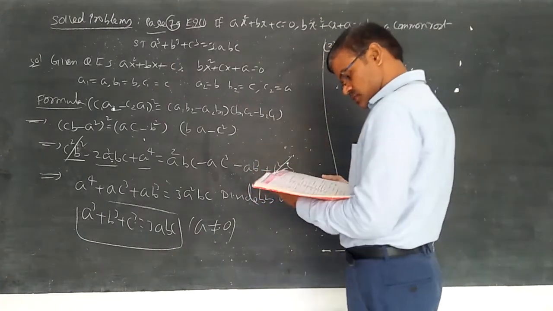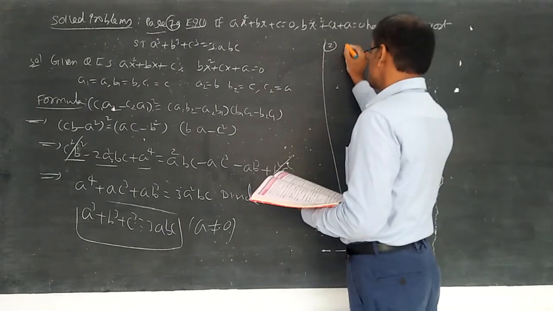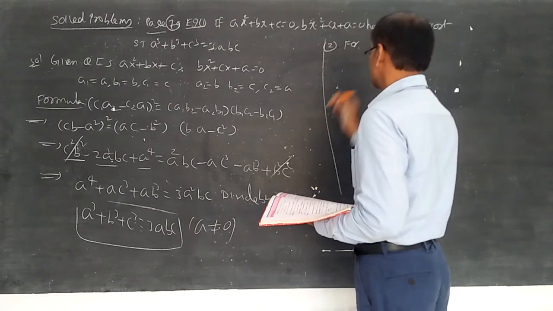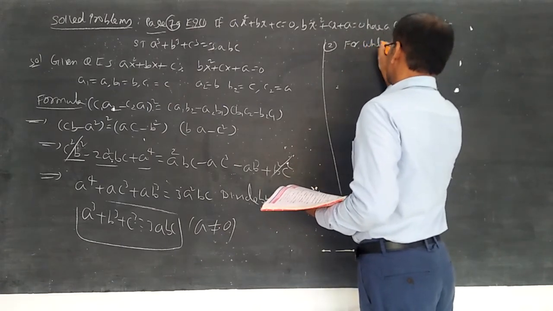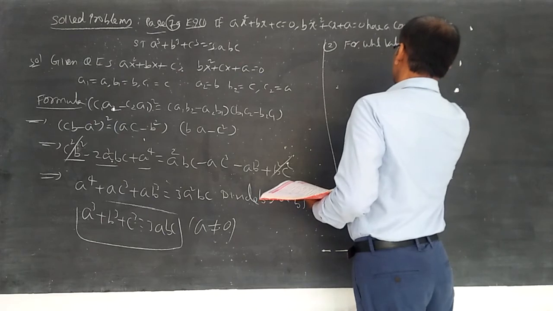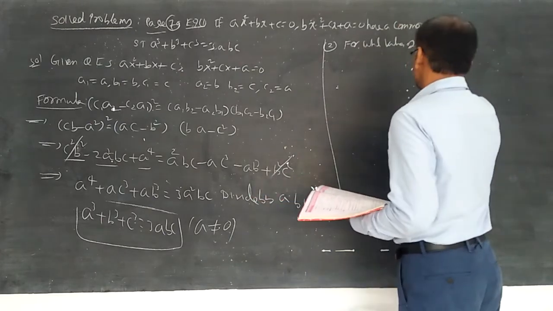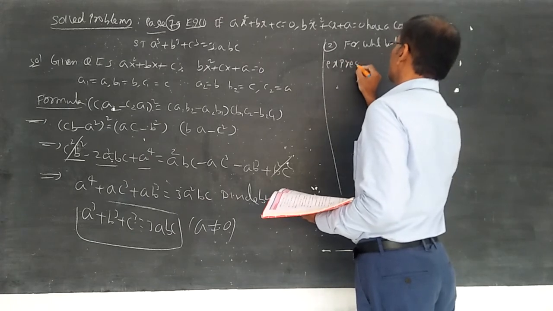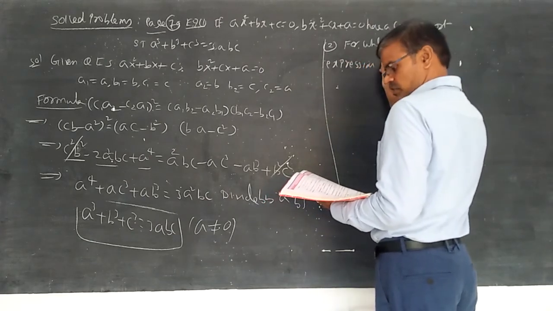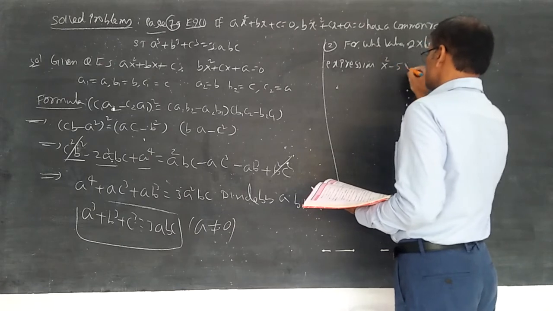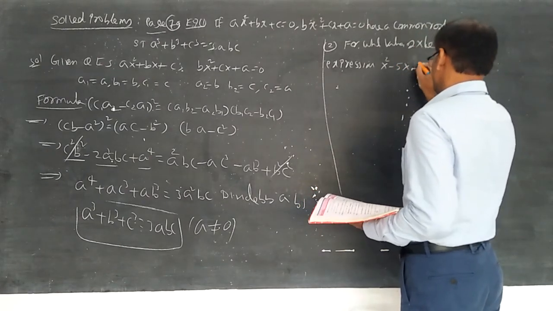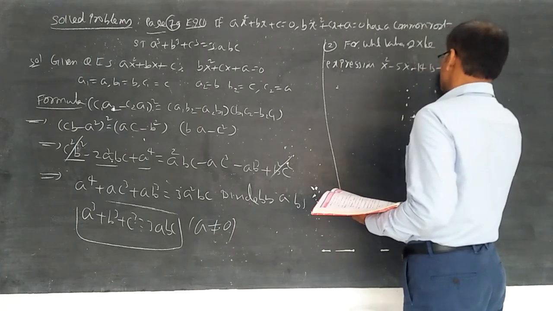Now let us discuss the second question. For what values of x is the expression x square minus 5x minus 14 positive?